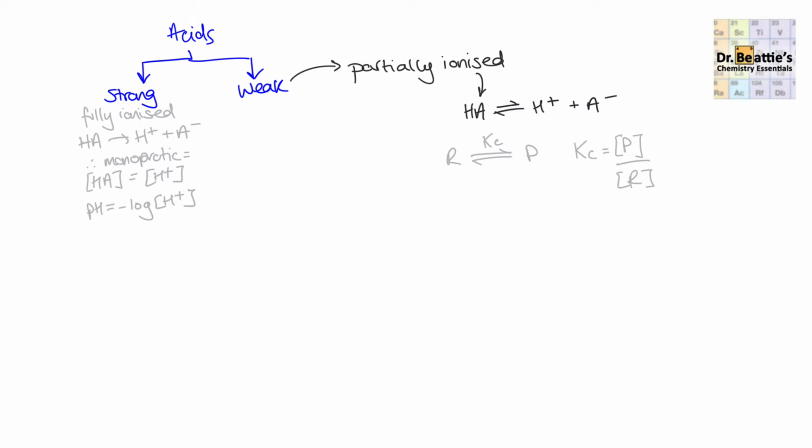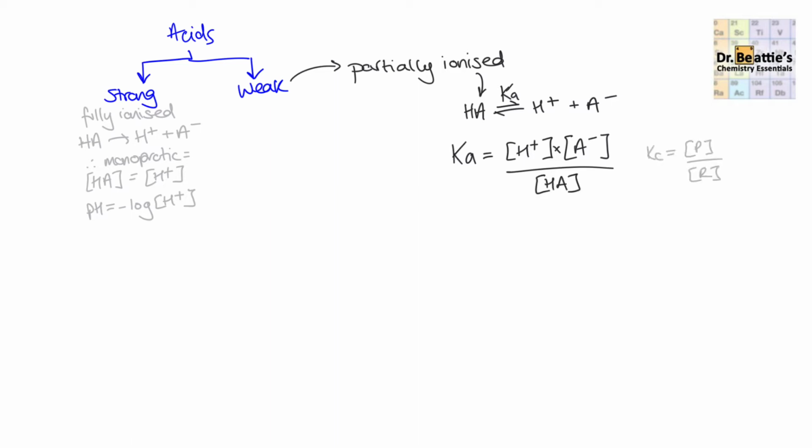We take this model, but this time for our weak acid generic setup, and we call this Ka, where the A stands for the acid dissociation constant.